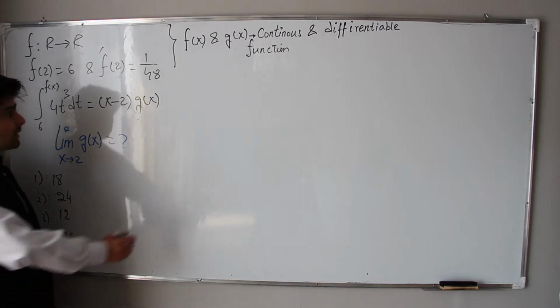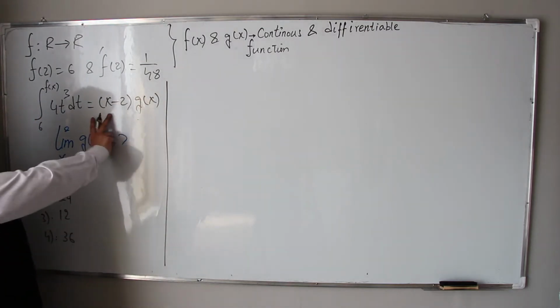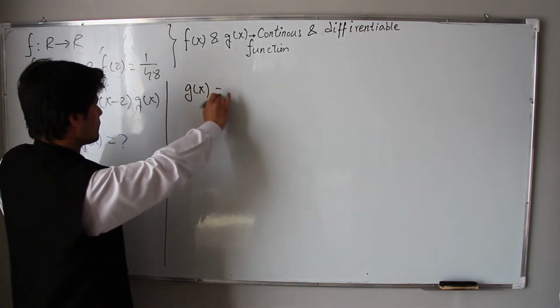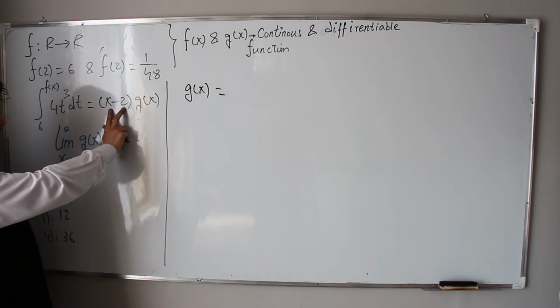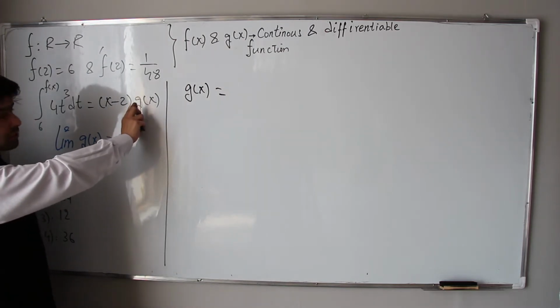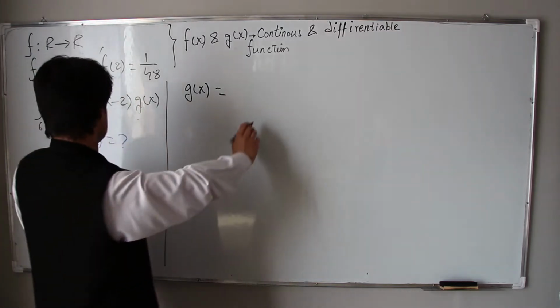Okay, it's easy. First of all, we have to find g(x). Now g(x) is this, 1 over x minus 2, with this one. We have a multiplication, so we have to put this in the denominator.